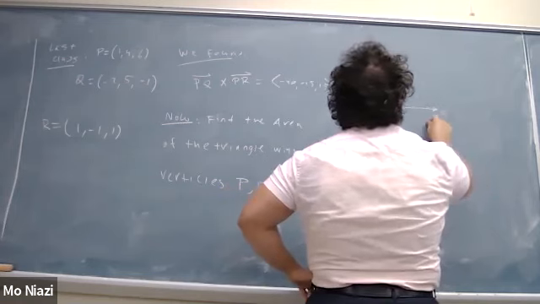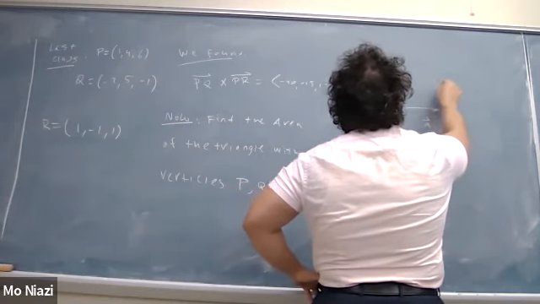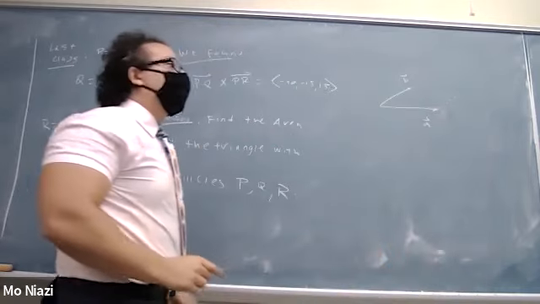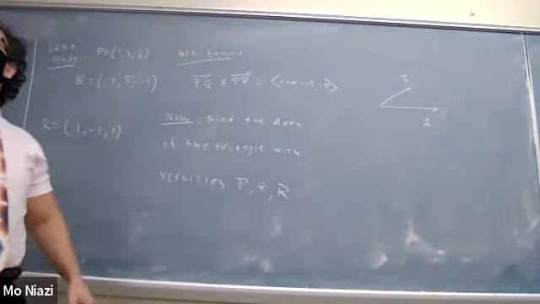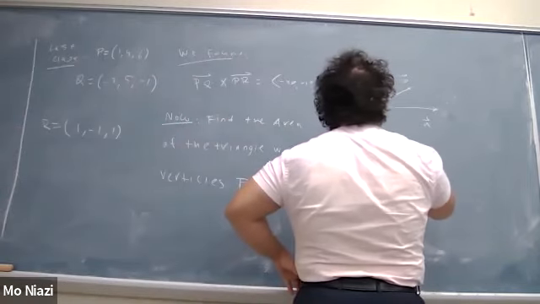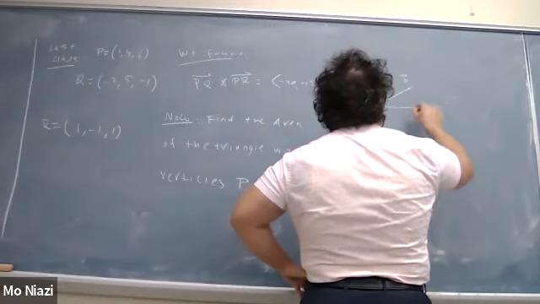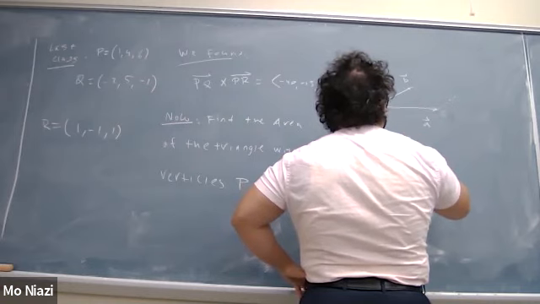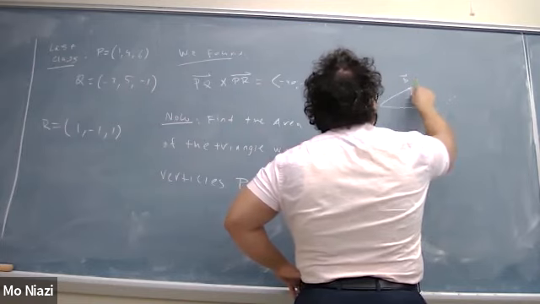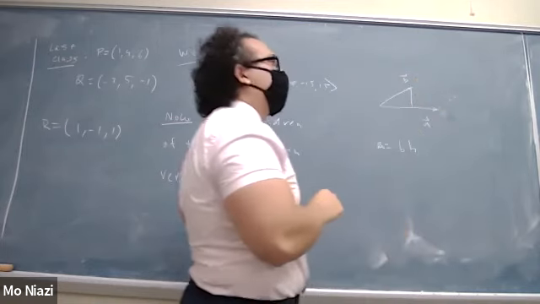Notice that you can construct a parallelogram based off of the vector A and the vector B. The area of a parallelogram is equal to the base times the height, or the altitude. Right here, this height.